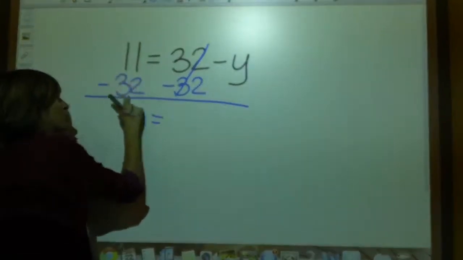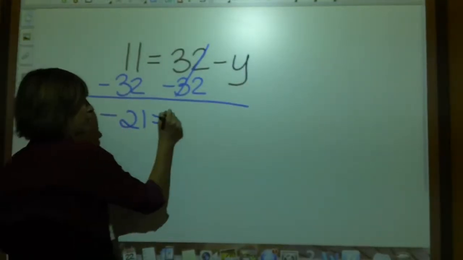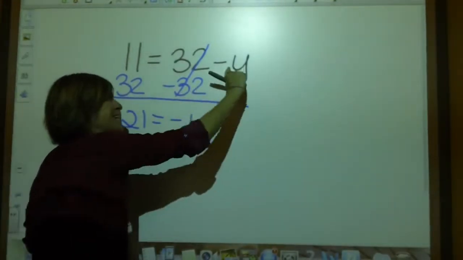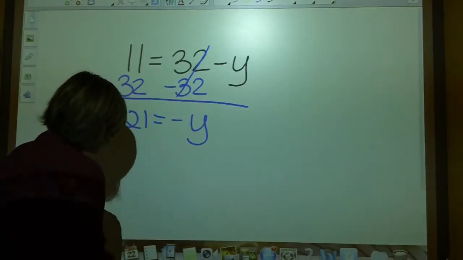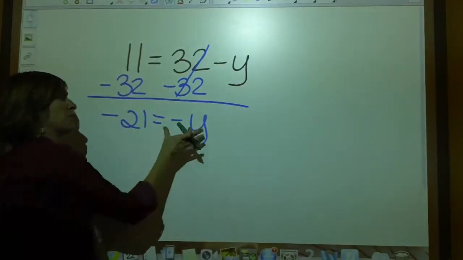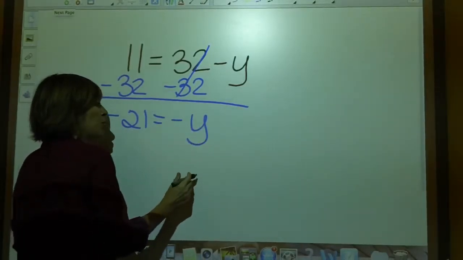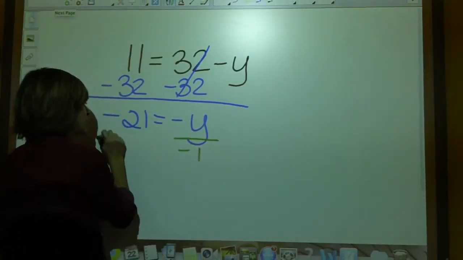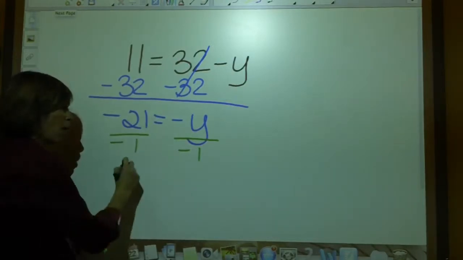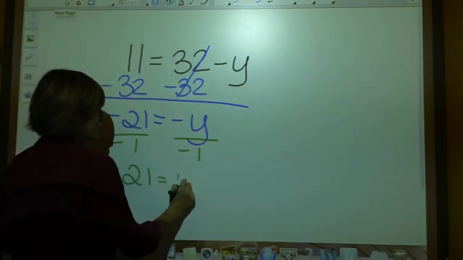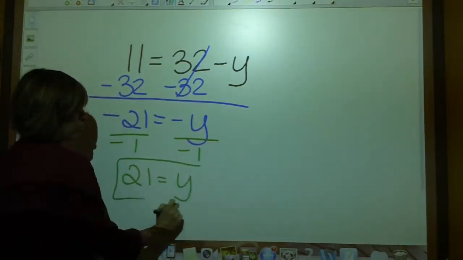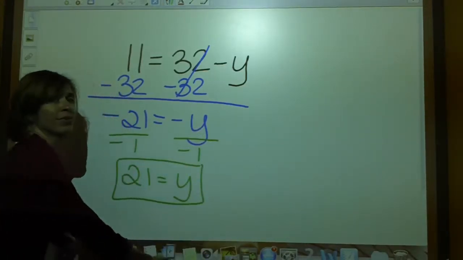Keep the sign of the larger number, negative. But I'm left with a negative y over here. Last year you learned that when you're solving, it has to be a positive variable. So you can divide both sides or multiply both sides by negative 1, which will change the signs. So y equals 21. Okay?